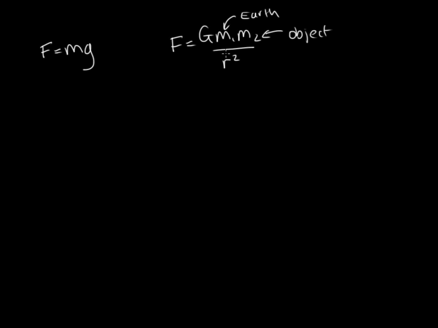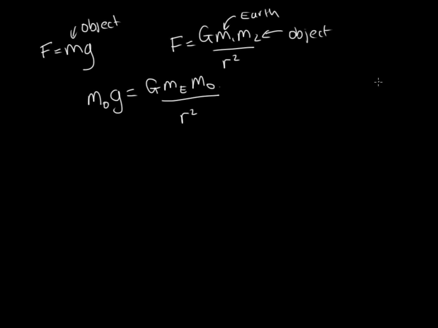So what we can do now is equate these two forces. They're both describing the same thing, the force felt by an object when it's dropped on the surface of the Earth. So we've got that the mass of the object, let's call that m_o, times g is equal to the gravitational constant times the mass of the Earth times the mass of the object over r squared. Now r is the distance between the two masses.